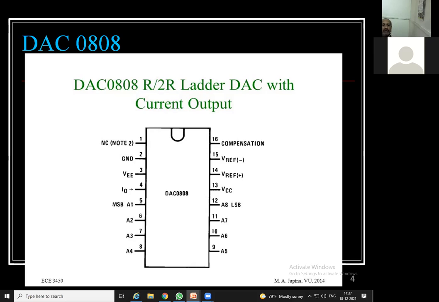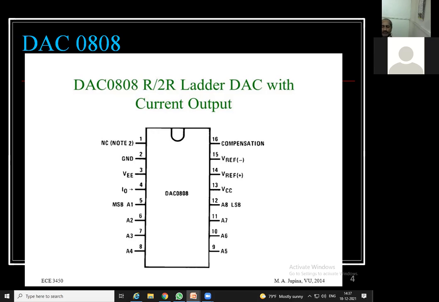So here, the IC we are using is the DAC 0808. Now you may get confused by the IC number. ICs with the same number 0808 are available in the market, and a few ICs work as an ADC.